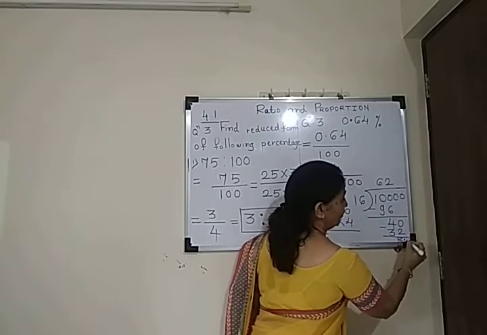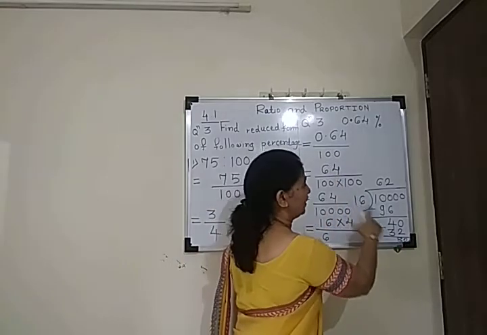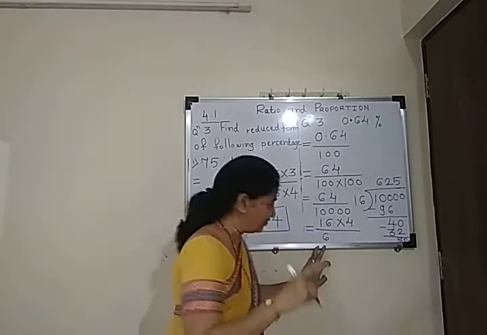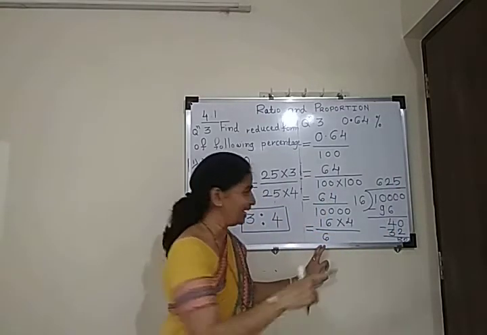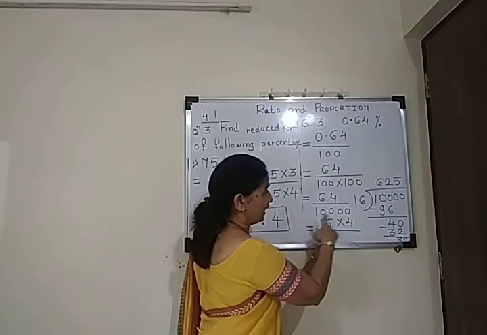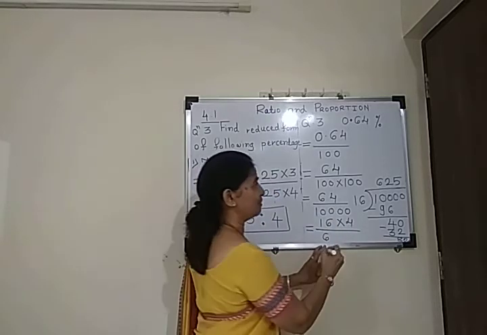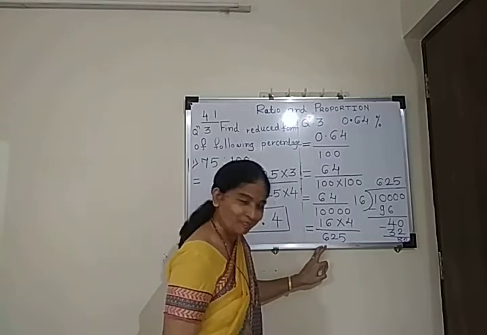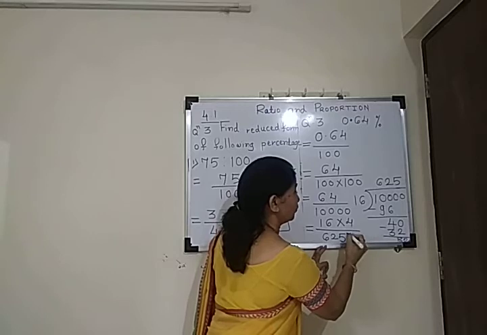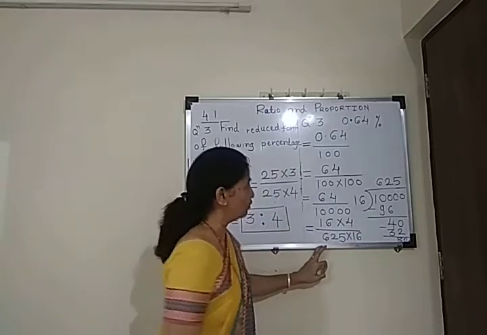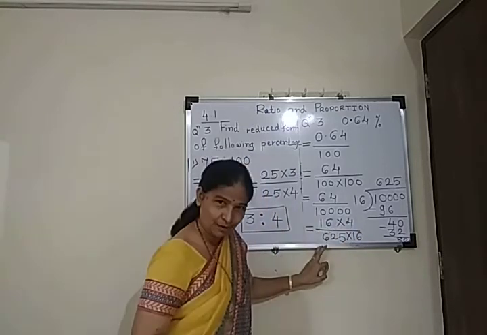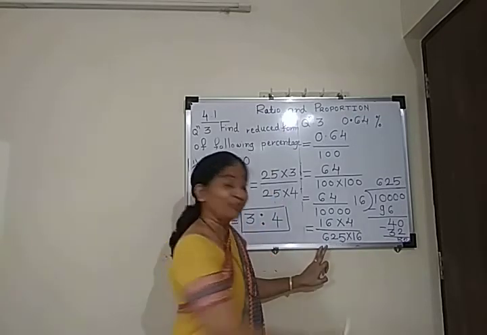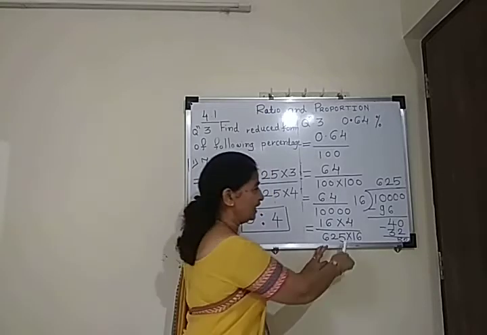Take this 0. Now we can guess again, 16 5s. That means splitting up 10,000 is coming as 625 into 16. So we split this 10,000 into 625 into 16.